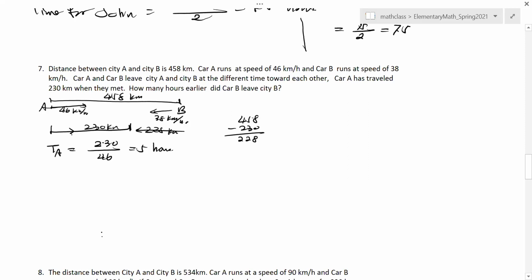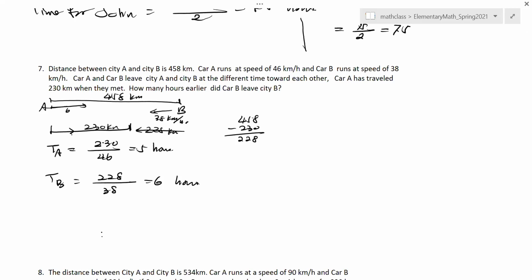So we know the speed, we know the distance car B travels. Then you can find out the time: 228 divided by 38 kilometers per hour. That's 6 hours. So it takes 6 hours for car B to travel such a distance when they meet. Then clearly car B left 1 hour earlier than car A, because when they meet, car B took 6 hours.